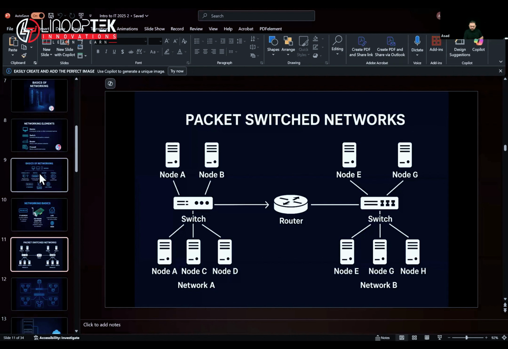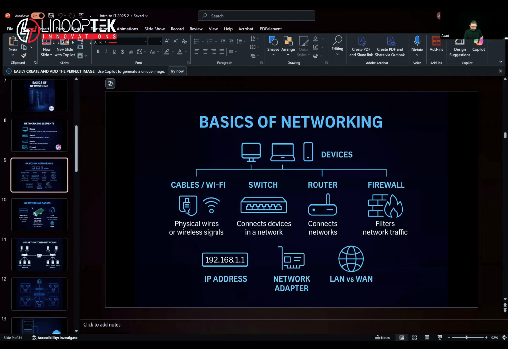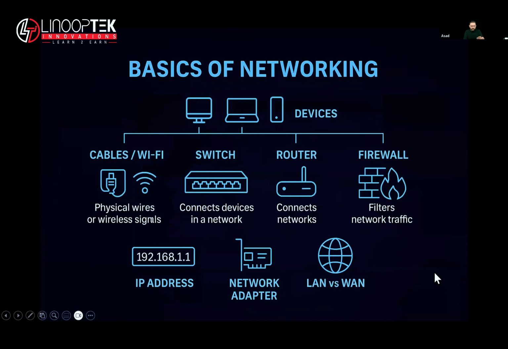Take a look at the PowerPoint. We talked about how a network has these devices. Everybody needs to understand what a switch does and the role of the router in a network.